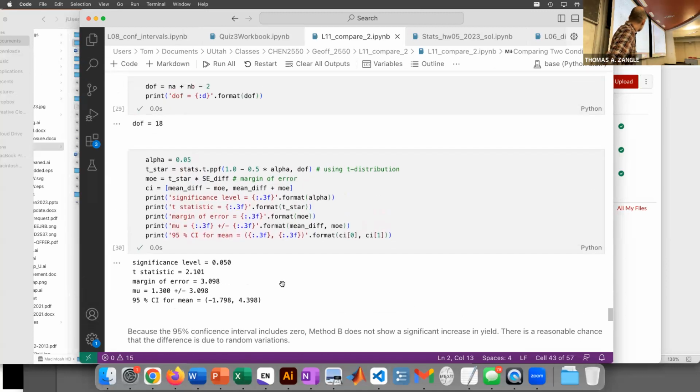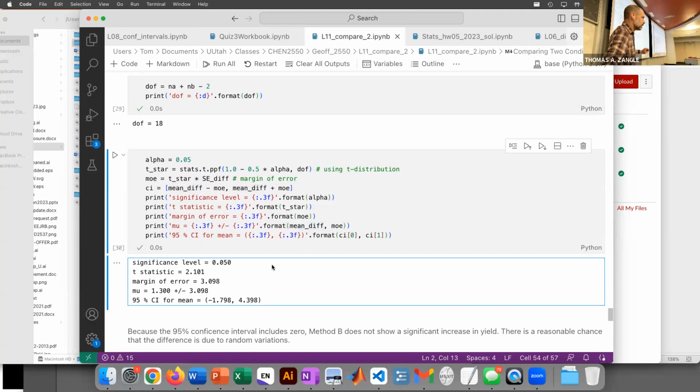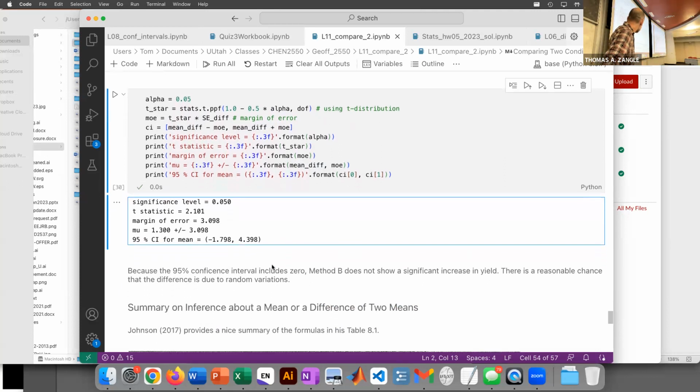So just take a look at this as you're reviewing your notes and as you're preparing for the homework to maybe solidify some of the things that we just talked about. That'll walk you through data from an example that we looked at in a previous lecture. So please take a look at that.